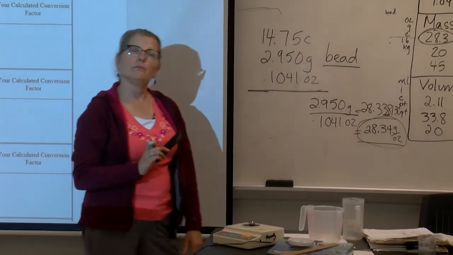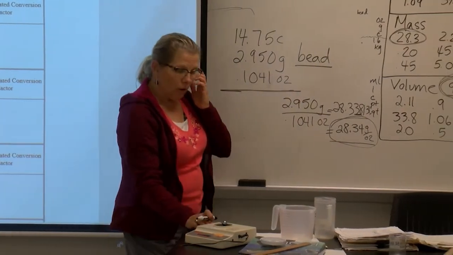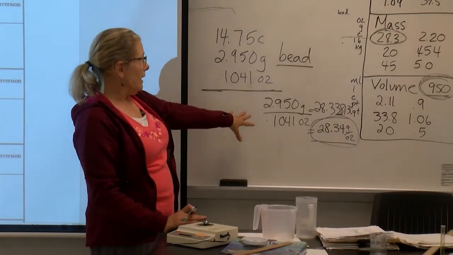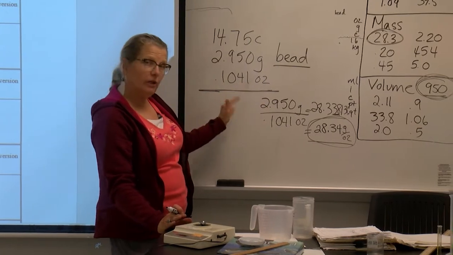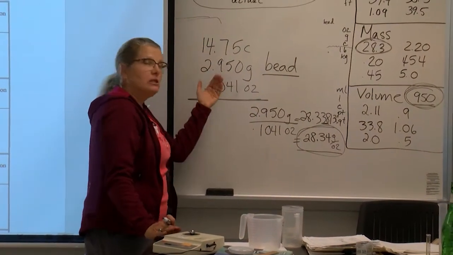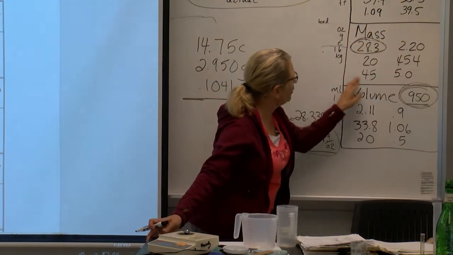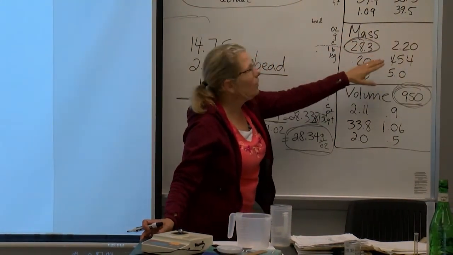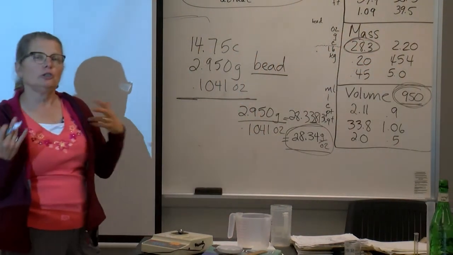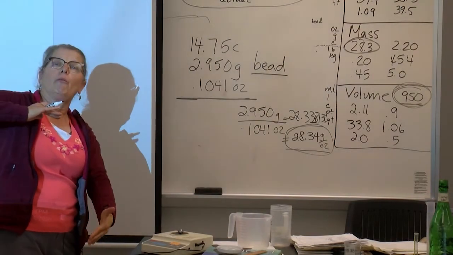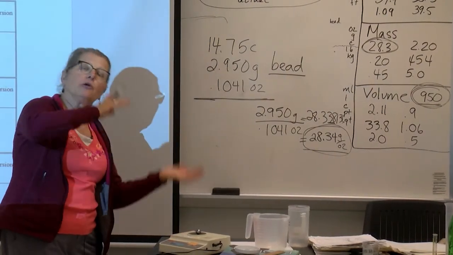Now, hey, that worked. What you can do is try ounces per gram too. That might match something up here. You don't know. Every time you use something, make sure you try it both ways. You try grams per ounce, ounces per gram.